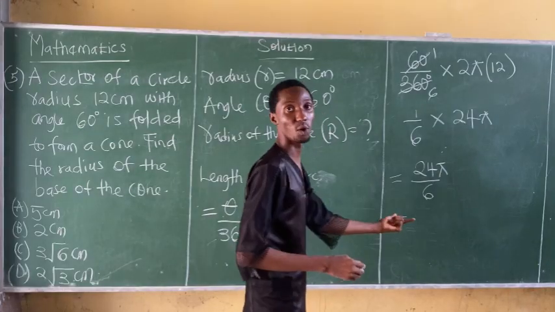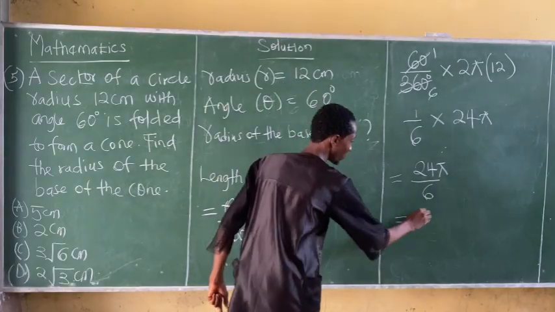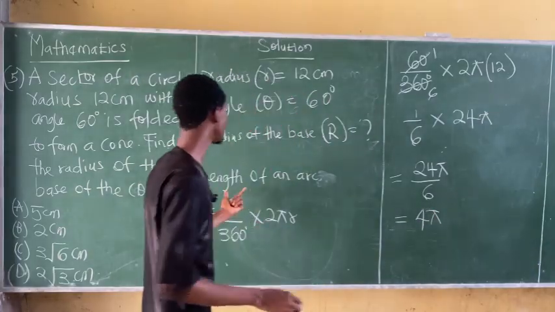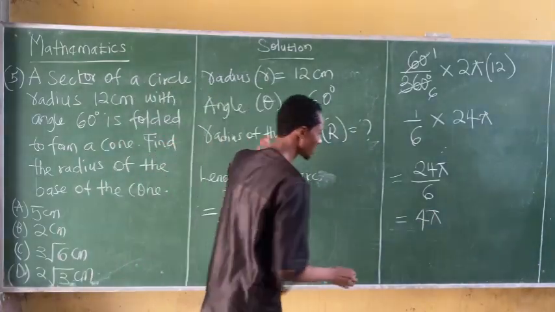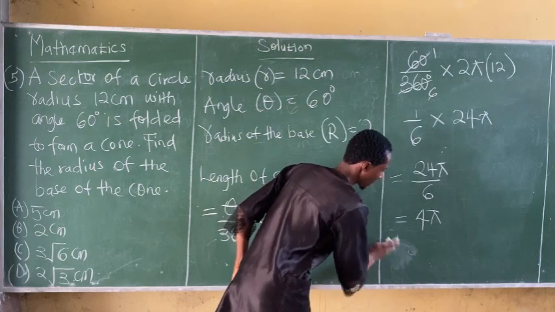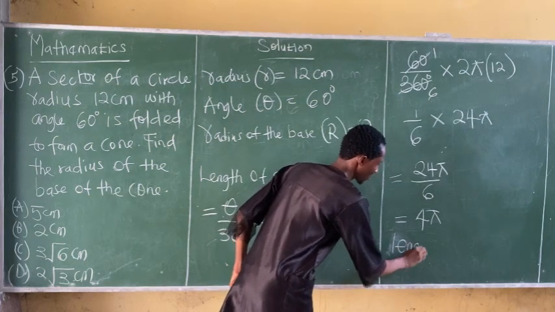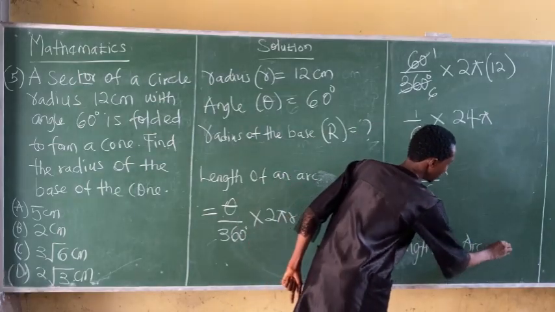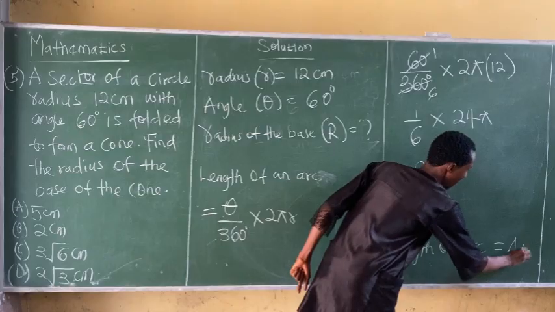This will give us 4 pi. Therefore, the length of an arc of this circle is what? 4 pi.